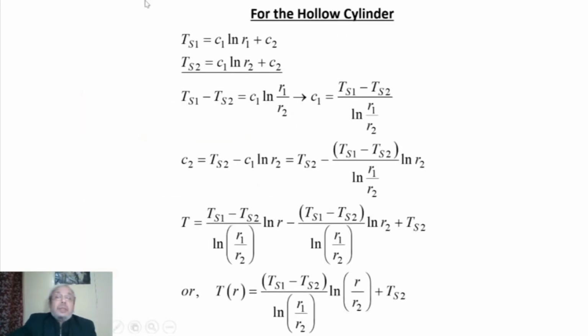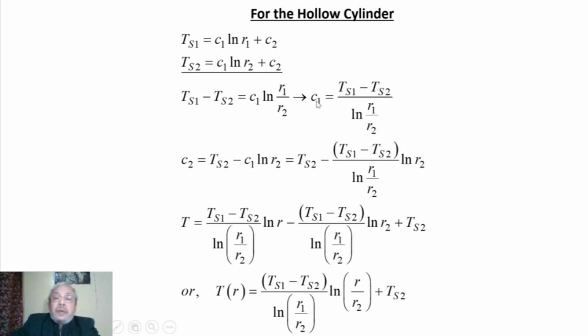So Ts1 equal to C1 ln r1 plus C2, and Ts2 equal to C1 ln r2 plus C2. From these two, we can write Ts1 minus Ts2 equal to C1 ln r1 by r2. So from here, C1 equals Ts1 minus Ts2 divided by ln r1 by r2.